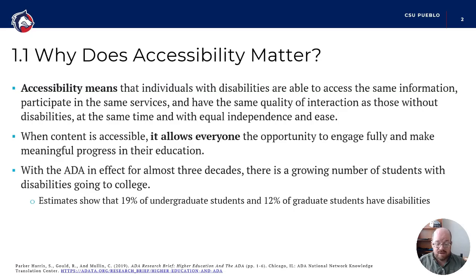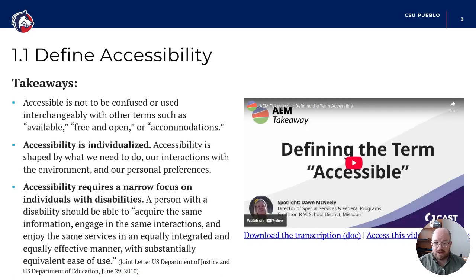Now, let's define accessibility more precisely. Accessibility is often misunderstood. It's not to be confused with terms like available, free and open, or simply accommodations. Instead, accessibility is individualized. It's shaped by how individuals interact with the environment and their personal preferences.